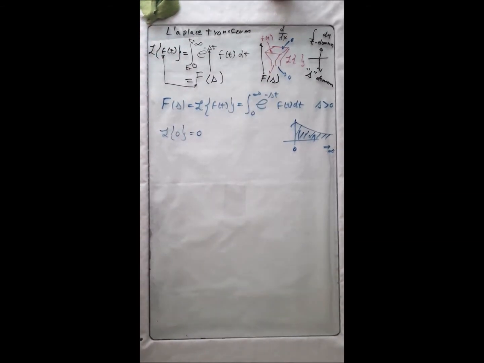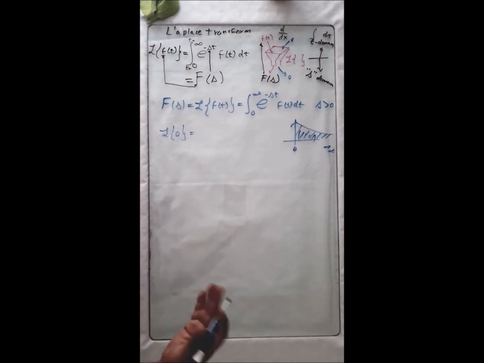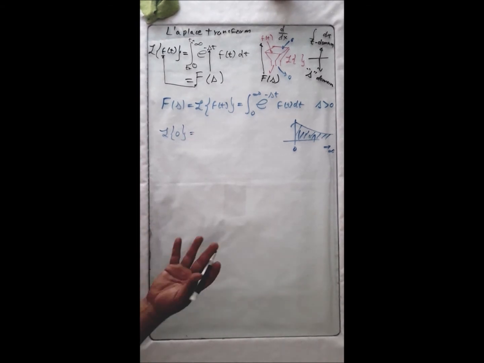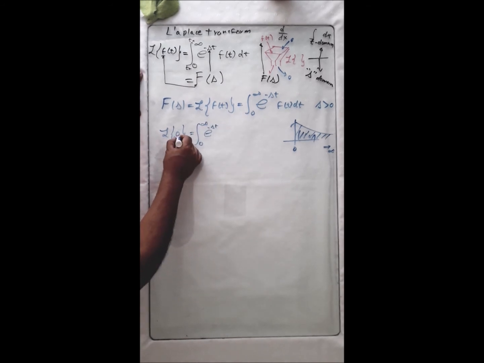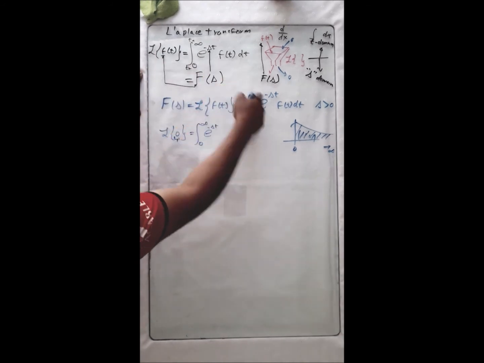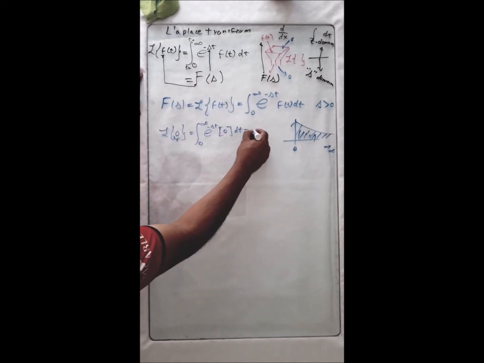If you transform $0 into pesos, you should get 0 pesos. That is expected. Because we don't have formulas yet, we have to use the definition. So it's going to be the integral from 0 to infinite of exponential minus st times f of t, which becomes 0, times differential of t, equals 0.